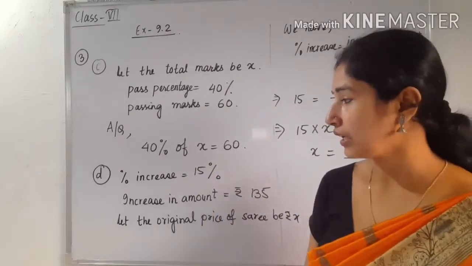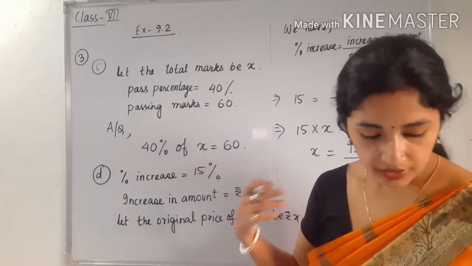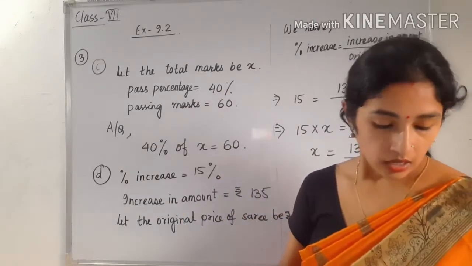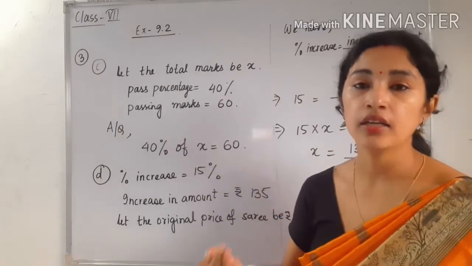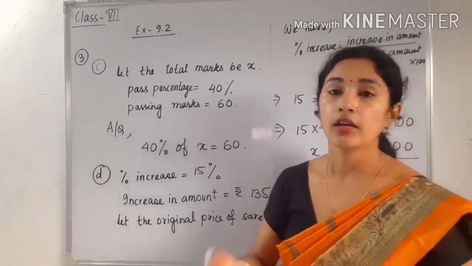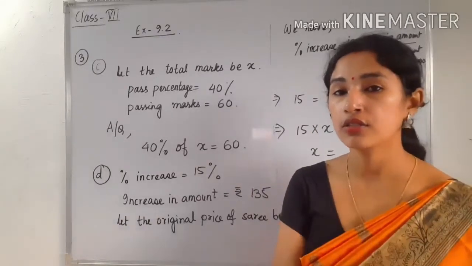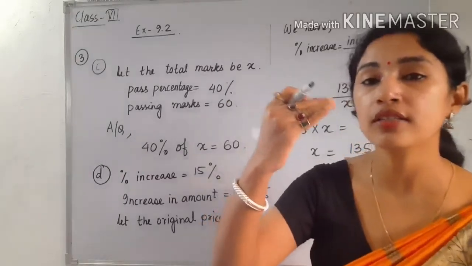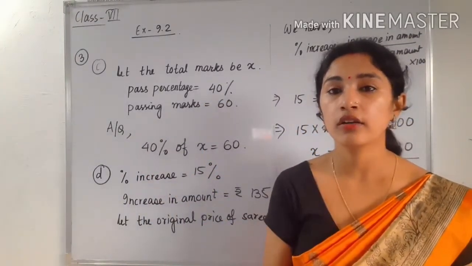Next is number D. In number D, the percentage increase is given. A 15% increase in the price of a sari is rupees 135. That means the original amount was different. The original amount for the sari was different, and after some time the price is increased, and the price is increased by how much? Yes, rupees 135.